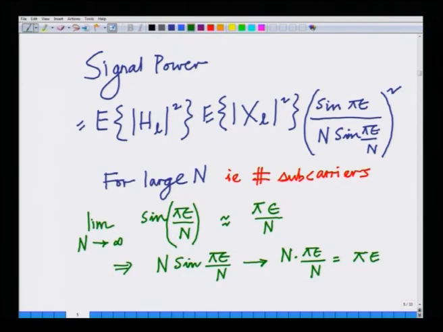Hence, for a large number of subcarriers n, n sin pi epsilon over n approximately looks like pi epsilon.